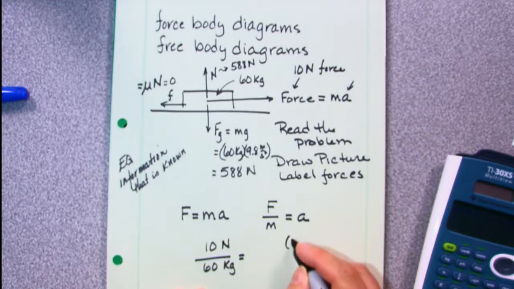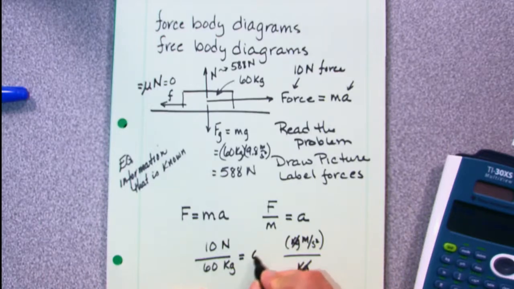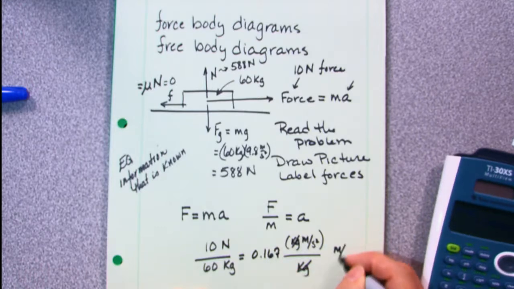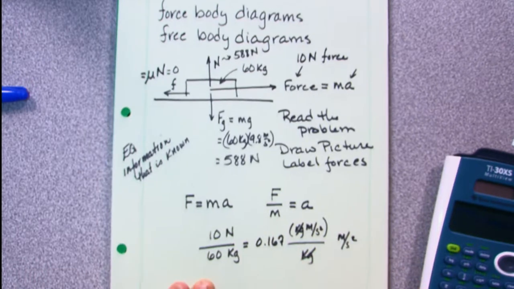And if I put in my units, that's kilograms meters per second squared, divided by kilograms. Kilograms cancel. And I'm going to get .167 meters per second squared would be the acceleration.